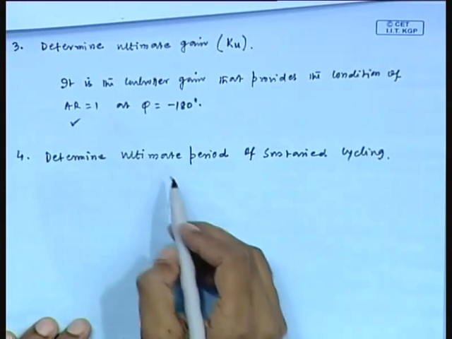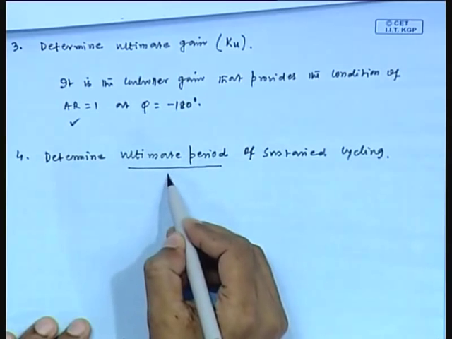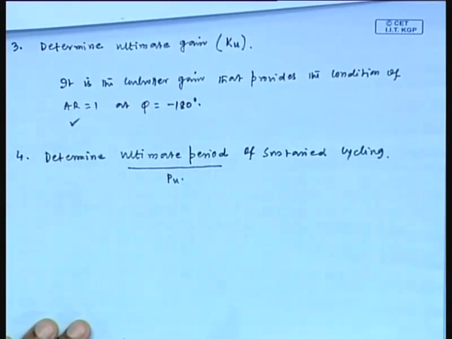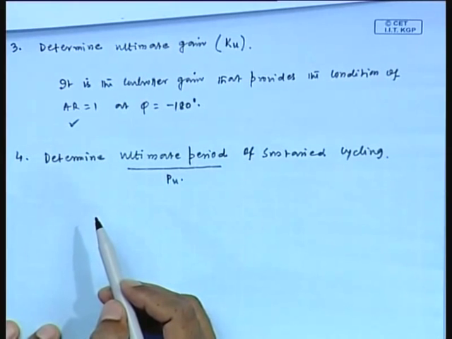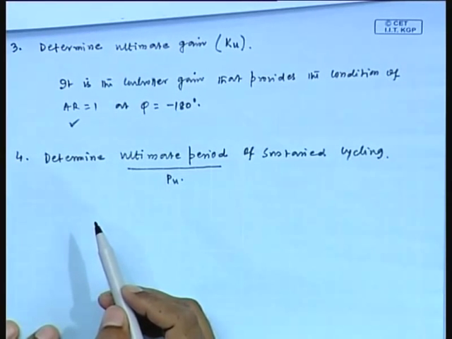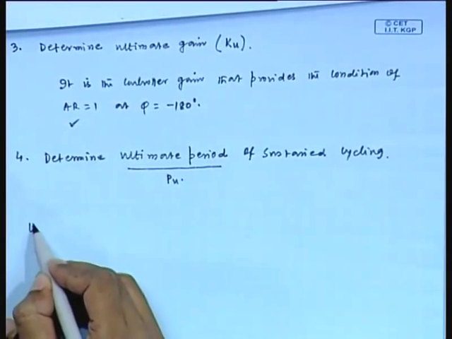Fine, and this ultimate period will be represented by Pu. What is ultimate period? Ultimate period is time between two successive peaks in continuously oscillating process output.